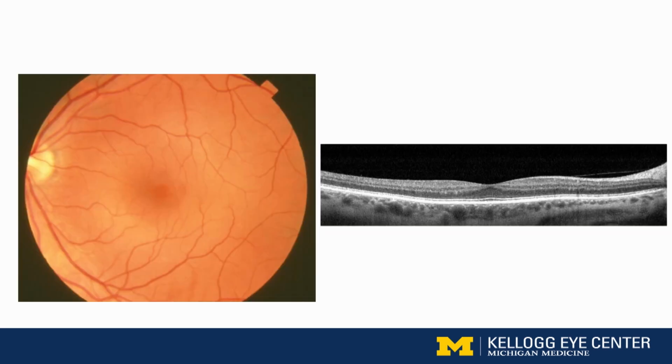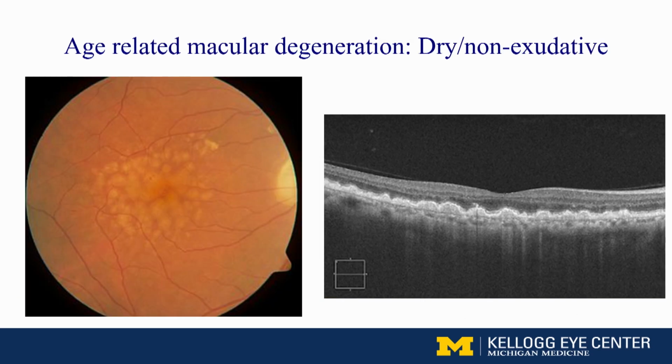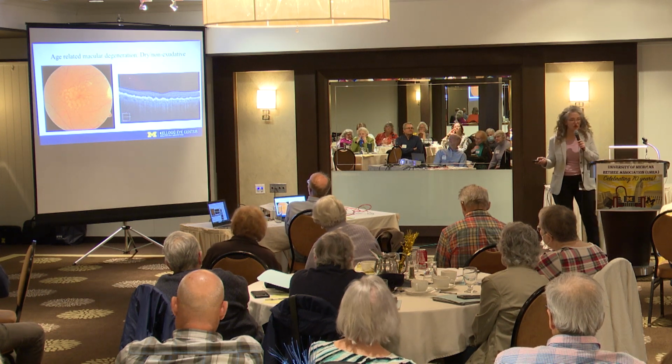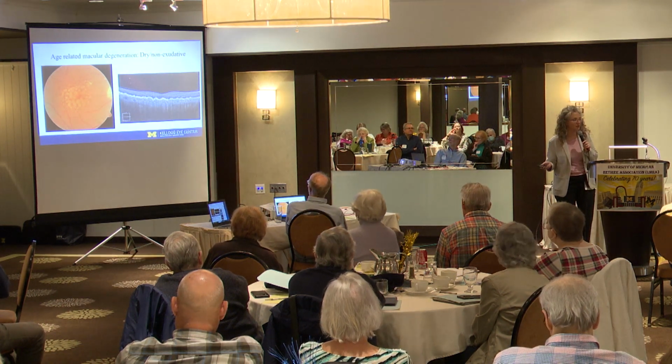So I'm going to go back. This divot right here indicates the fovea, the center part of the macula, and you can see this bottom line is nice and flat for the most part. Here you can really see the lumpy, bumpy drusen underneath the retina, and that is dry macular degeneration, okay?